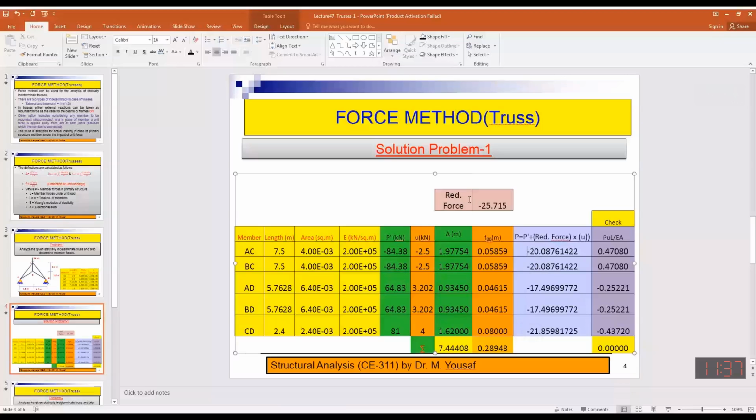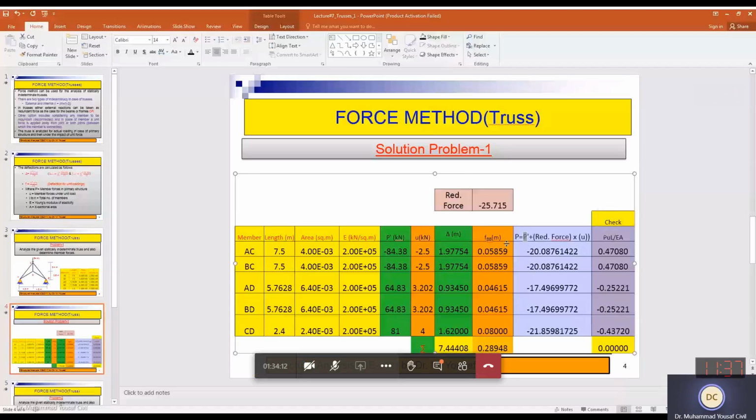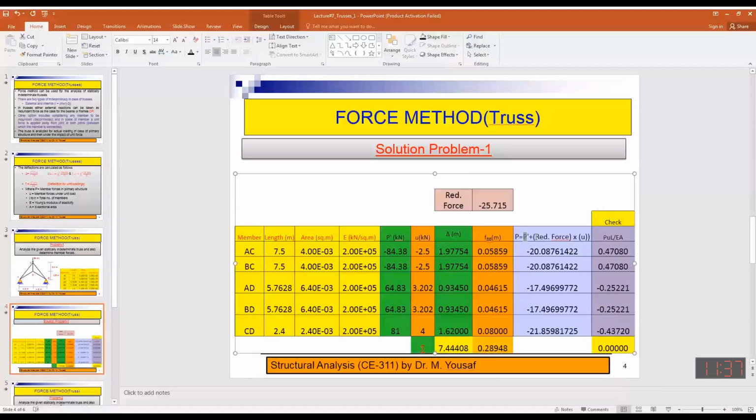Then you will see that P dash plus redundant force multiplied by U means minus 2.5. So see, for CR it is minus 84.38, plus, with a negative sign, 25.715 multiplied by minus 2.5.